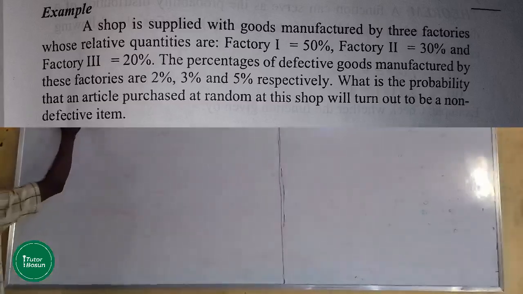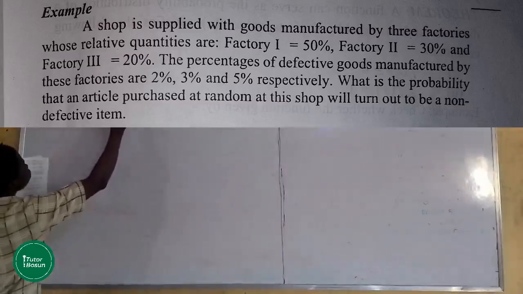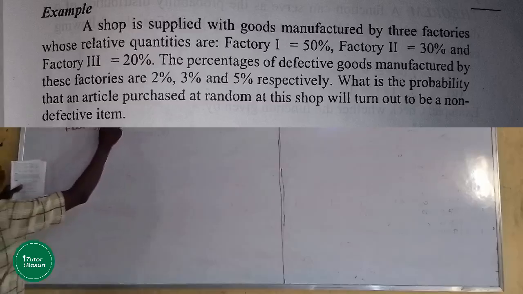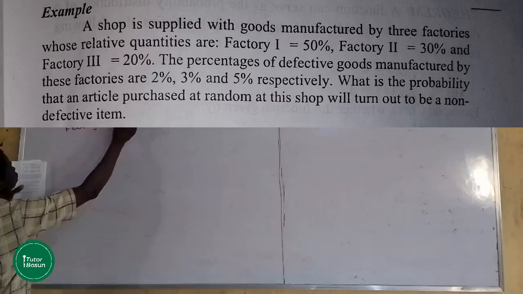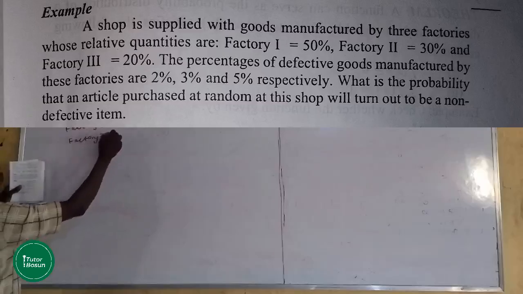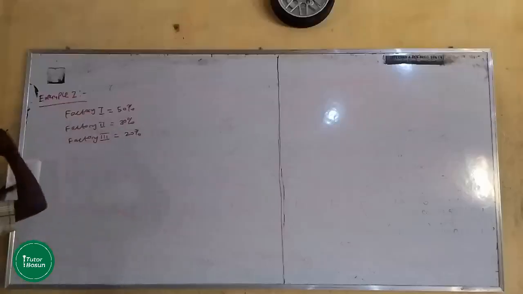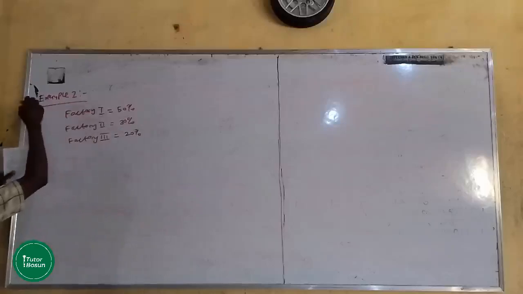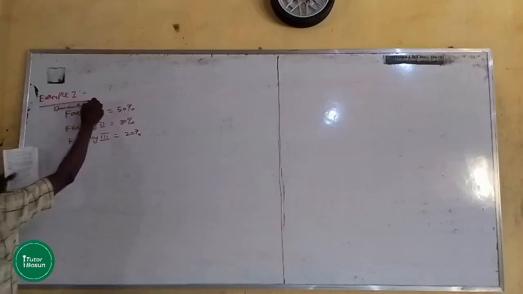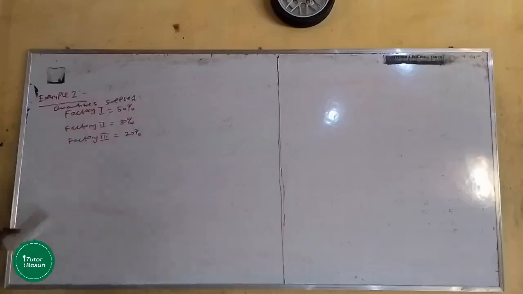So it says A1 is supplied with 50%, A2 is supplied with 30%, and A3 is supplied with 20% of goods. So these are the quantities supplied.